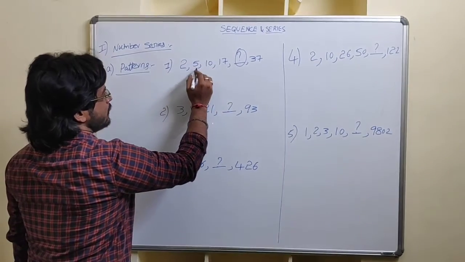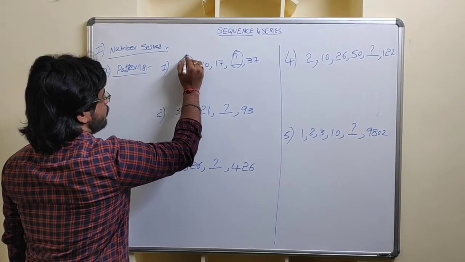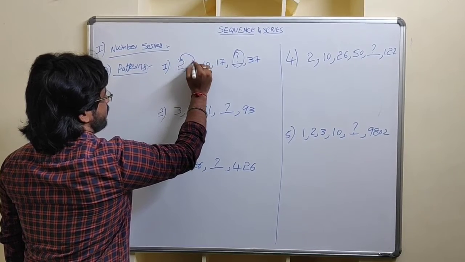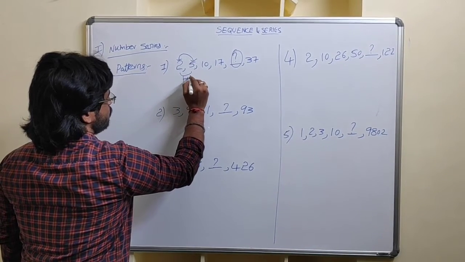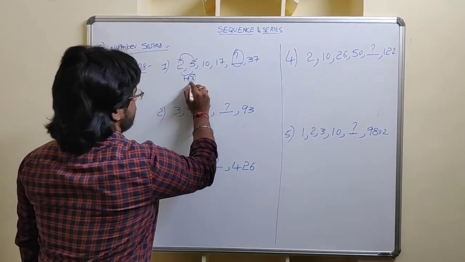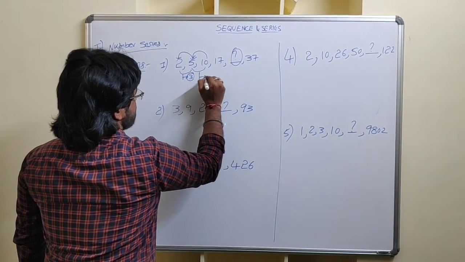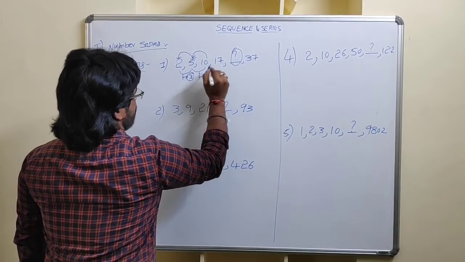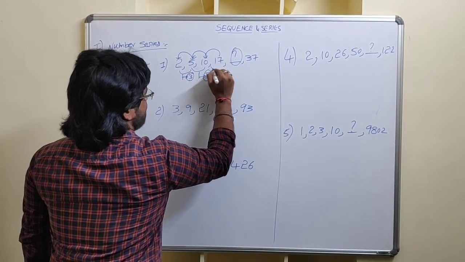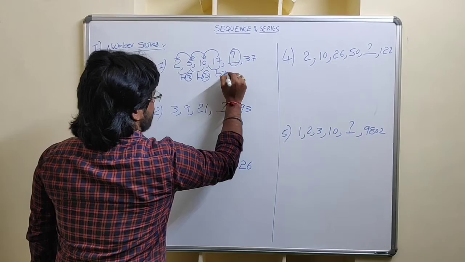Here the common rule is, when you take 2 and 5 and subtract these two, you get the difference 3. And 5 and 10, you get the difference 5. And 17 and 10, you get the difference 7.